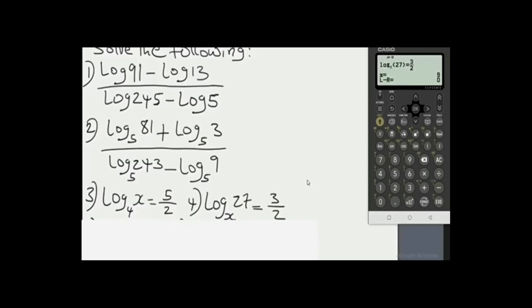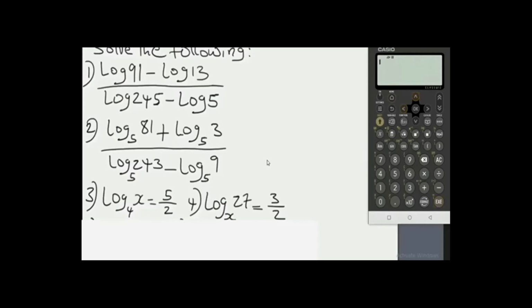So let me verify for you now that this output we have is indeed correct. If we evaluate log 27 base 9 on the calculator, we're going to have 3/2. Let's check this, guys. Let's go out of equation mode, so we can press this home button, then navigate to calculate, execute.